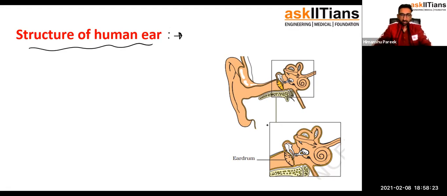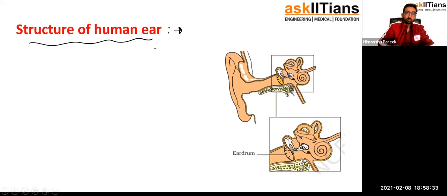Let me give you some terminologies here. First of all, the ear is basically divided into three parts. One is called the outer ear. Then this is called the inner ear.